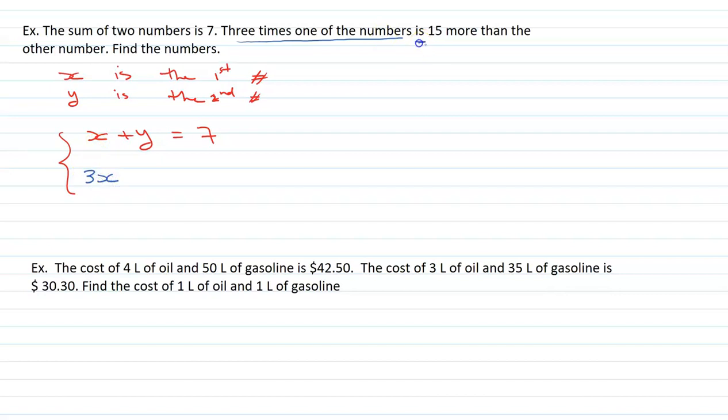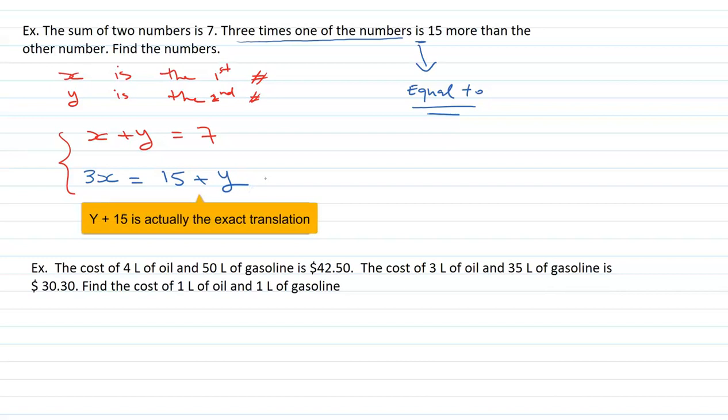"Is" means equal to. This is the part where you have to decode: 15 more than the other number. If the other number is y, it would be 15 more than the other number. Simple as that.